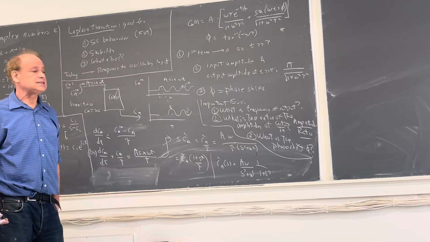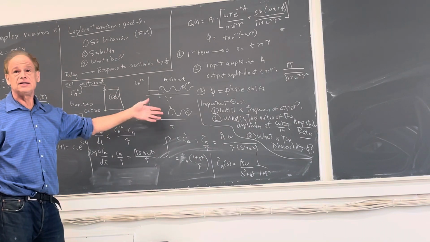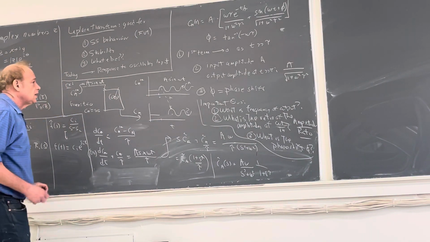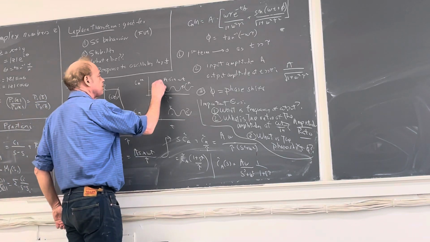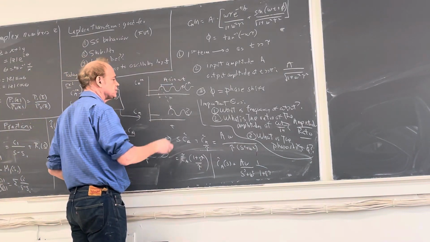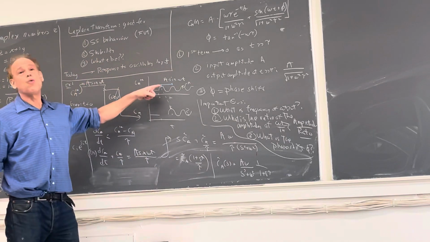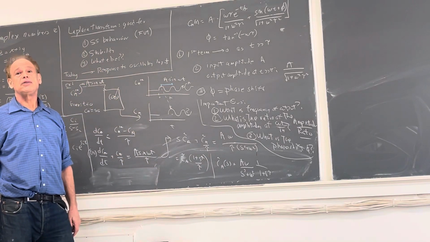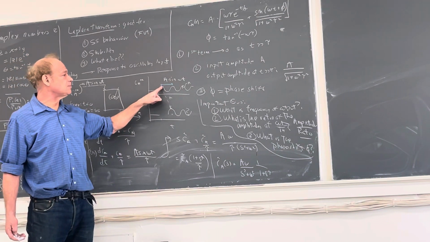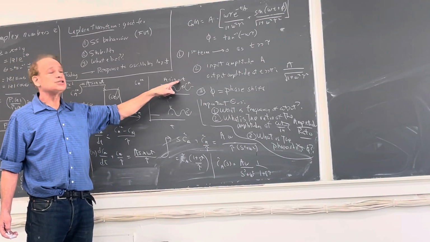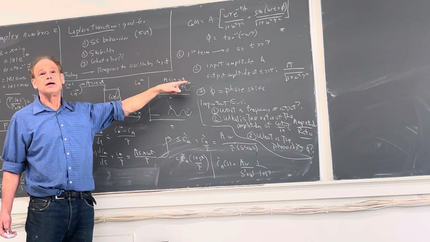To give you a sense of what the phase shift is in this picture, this is a sine function. So if I go from here to here, and here I'm plotting versus time, if I go one period of oscillation, that one period is equivalent to 2 pi, because I go from the same place to the same place. So I've increased omega t by 2 pi.